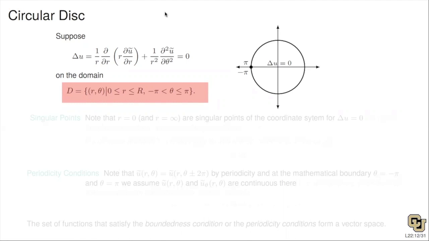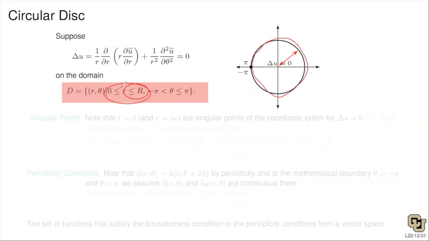So here, the domain I have, R goes from 0 to capital R, with capital R being a legitimate boundary. So R equal to capital R would be our actual boundary.